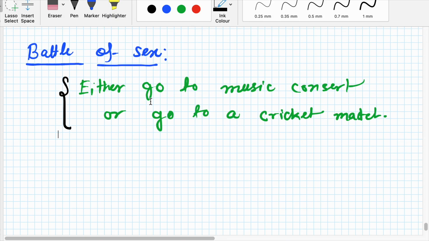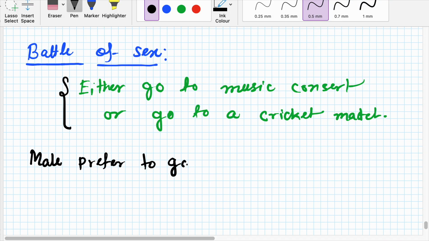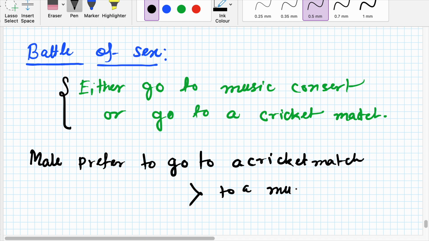So suppose the male partner prefers to go to a cricket match rather than a musical concert.